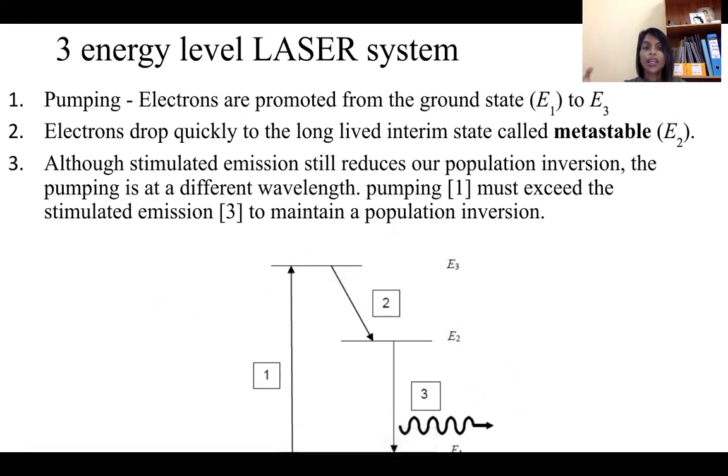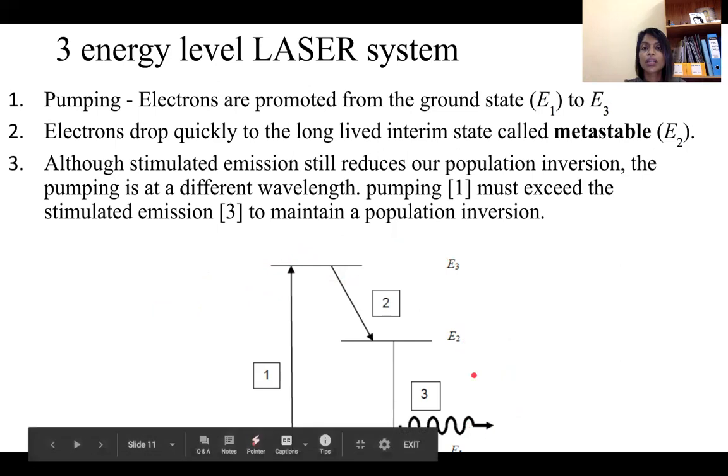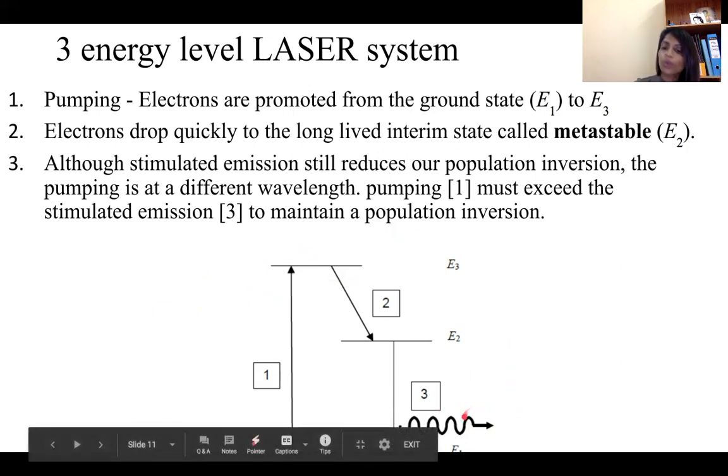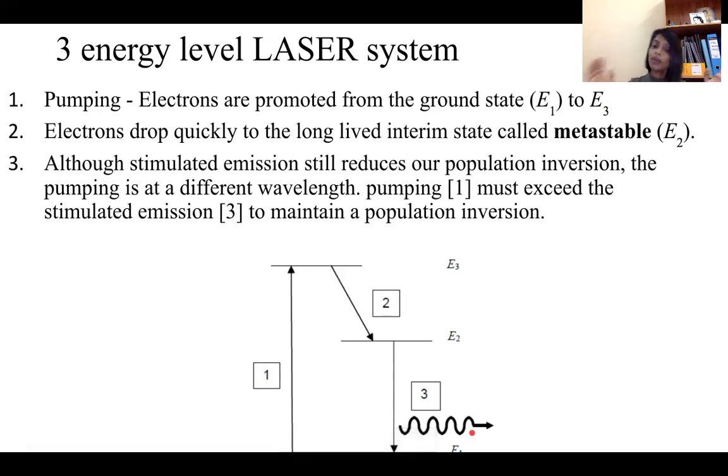Even though the stimulated emission will reduce the population inversion, in the lasing system these outgoing photons are not coming out of the system at once. They will be bounced back and forth inside the lasing medium before they come out of the system.